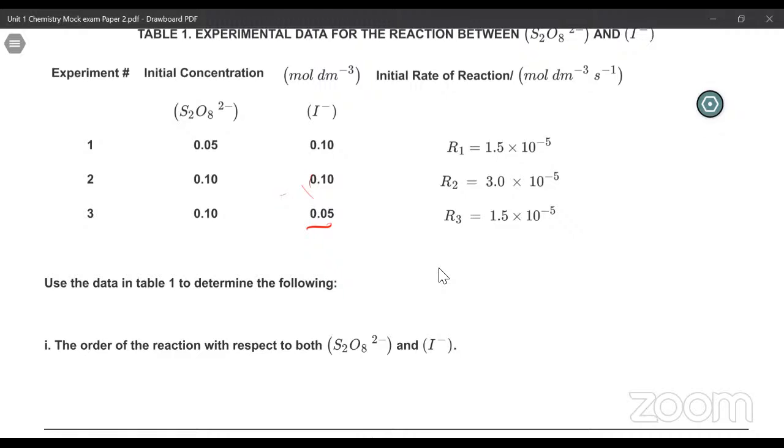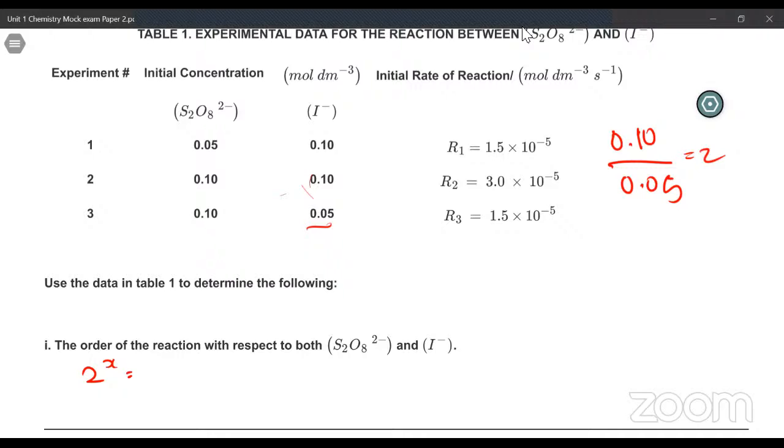Obviously, it's doubled. But if you can't tell, what you can do is put the second number over the first number. So you can write 0.10 over 0.05 and put that in your calculator and find out if it's doubled or halved or quartered or increased by a factor of 4, whatever. But this is going to give you 2, so you know that it's doubled. So you write 2 to what power would be equal to, now look what happens to the rate.